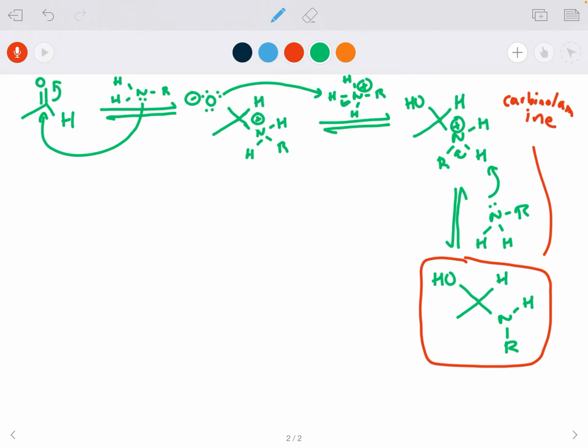So the carbinolamine, now another proton transfer, to protonate the OH group, to make it a good leaving group.